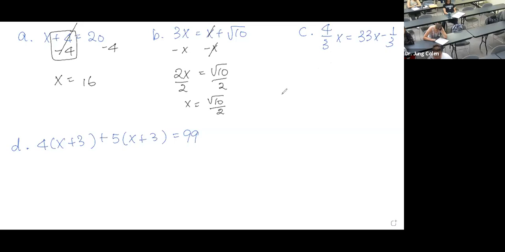I will show you both. First, you can change everything to 1/3. So 4/3 x is equal to 1/3 x minus 1/3 times 33. 33 is the same as how many thirds? Louder. 11, what did you do?